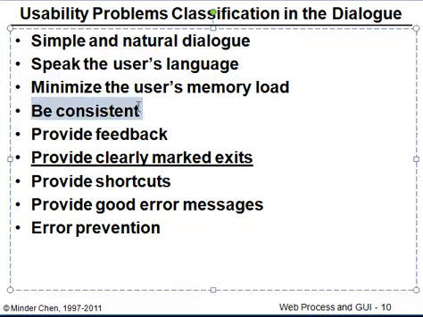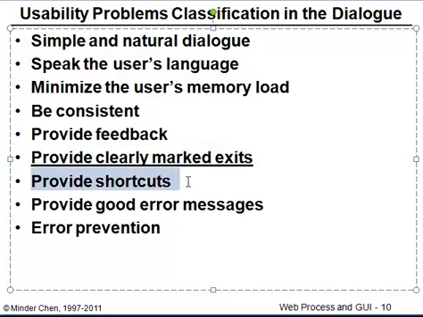So you want to provide a consistent look and feel, such as we always use function key 1 for help. We want to provide some feedback in terms of what happened and what's wrong. And in the previous design, we certainly don't have a clearly marked exit on the screen.